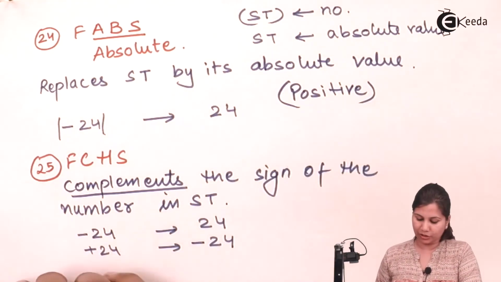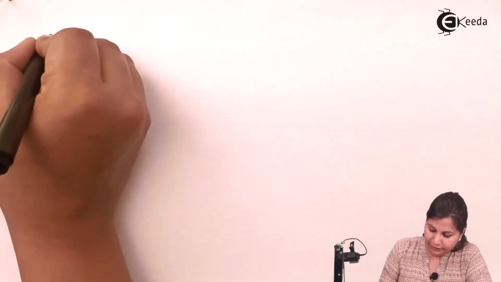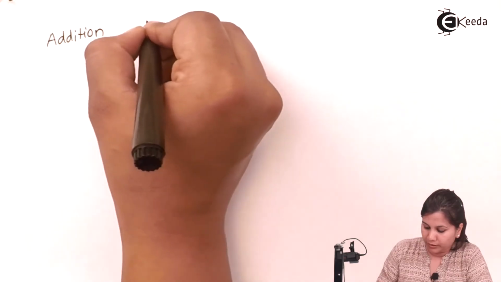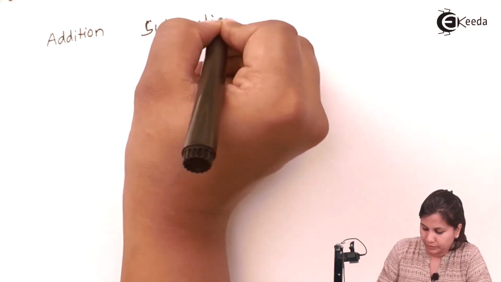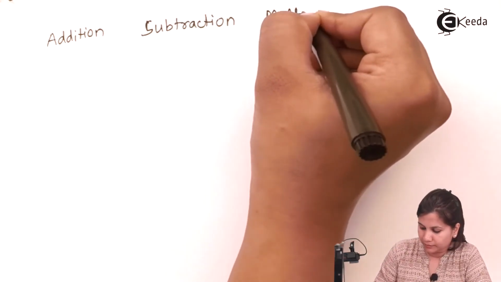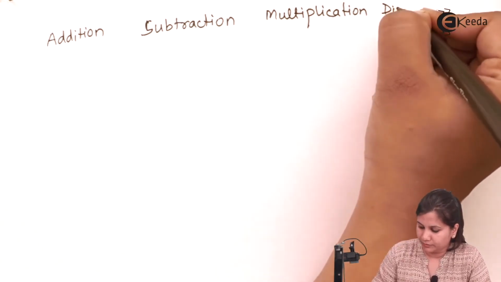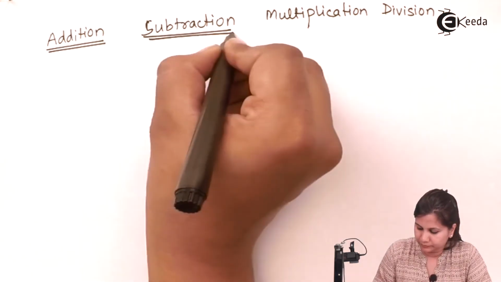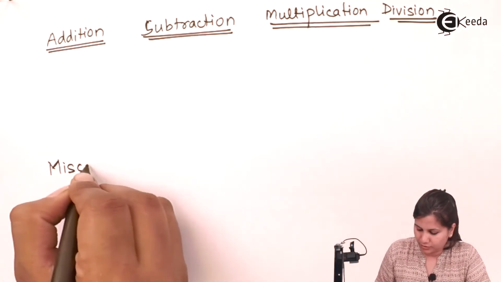Let's summarize these instructions, how we can categorize them depending upon the operation performed. For addition, for subtraction, multiplication, and division, we have some instructions, and there are some miscellaneous instructions also.